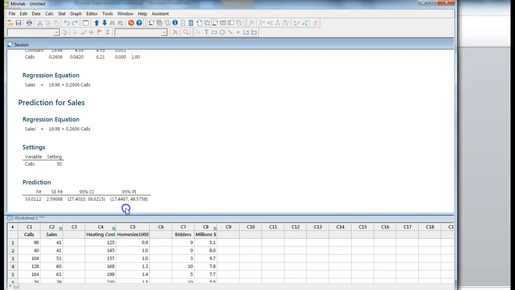So which one is wider again? An individual. Trying to predict for an individual is a lot more variable than predicting for a group of brokers who make 50 calls. The group of brokers that make 50 calls would have sales between here. Any single individual, 95 out of 100 times, would be between these levels.